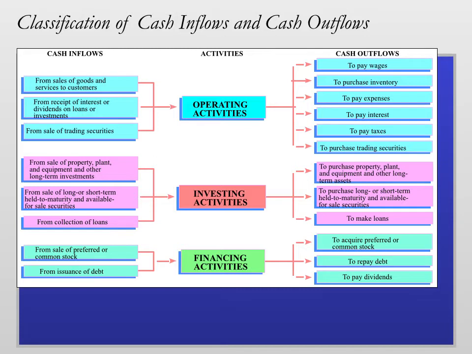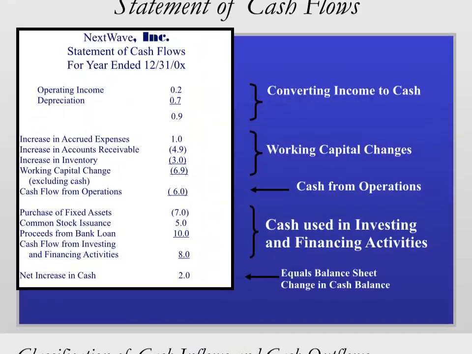So by splitting into these three categories, it's supposed to give investors a sense of where the cash flow is coming to and going from, and help in making that timing adjustment for the income statement, which doesn't truly track cash flow. So this is just a backgrounder to give you a sense of what items are connected to each of the major activities of the company.